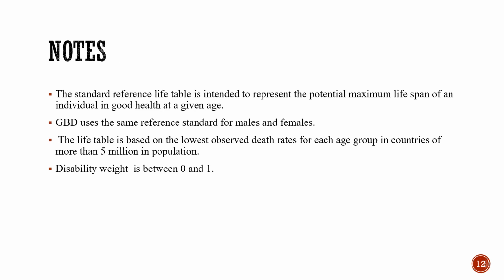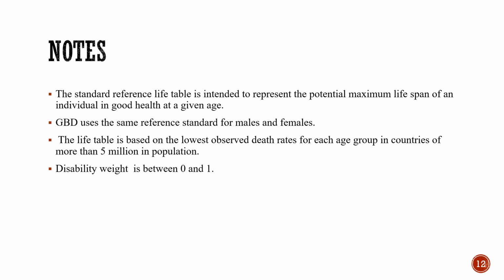A few notes. For YLL, we use a standard life table which represents the potential maximum lifespan of an individual in good health at a given age, and which is based on the lowest observed death rates for each age group in countries with more than 5 million population.